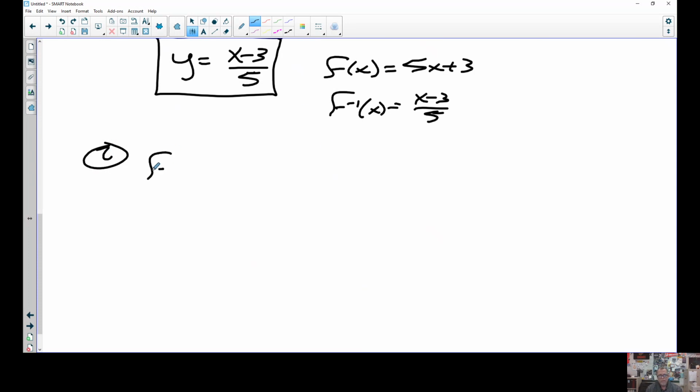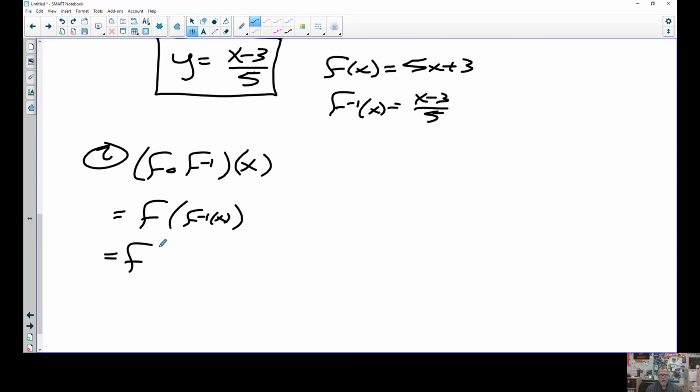So I need to do f of f inverse of x first. And that's going to be f of x minus 3 over 5. Again, I'm just doing this in small steps so you can see what I'm doing.